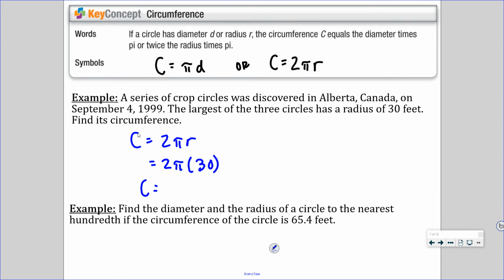You're going to need your calculator because you're going to need the pi button. Everybody know where the pi button is on your calculator? Okay, take 2 times pi times 30. Why am I getting a big long decimal? Pi is never ending. What type of number is pi? What do we call those?